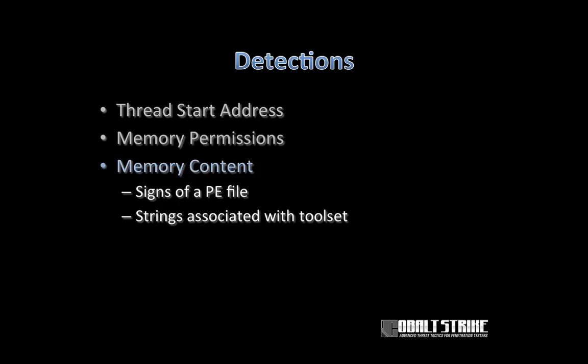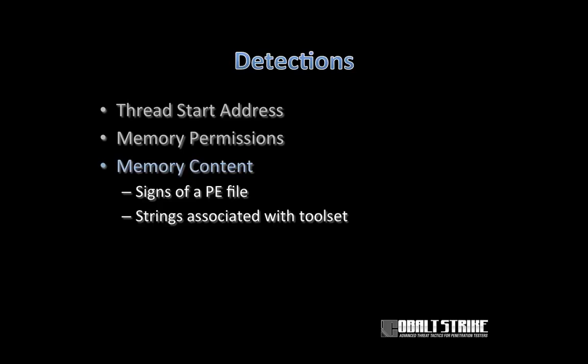What about memory content? Well, there's two things you need to worry about here. The first is signs of a DLL or executable, a PE file, in memory, not associated with a module on disk. The other thing you need to worry about is strings or patterns associated with the tool set you're using.